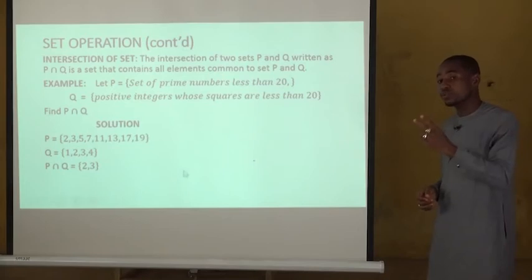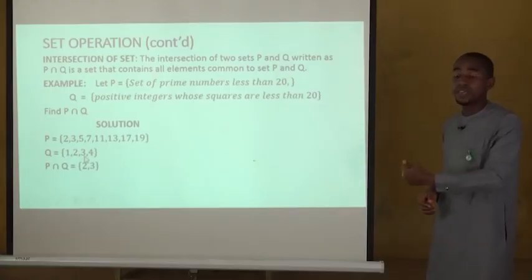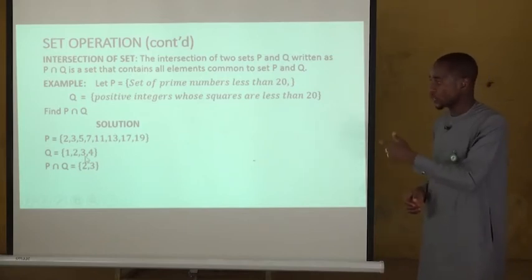So 1 squared is less than 20, so 1 will be within the set. 2 squared is 2 times 2, we have 4. And 4 is less than 20, so 2 will also be an element of set Q. Then 3 times 3 is 9. So 9 is also less than 20, so 3 will also be an element of set Q.